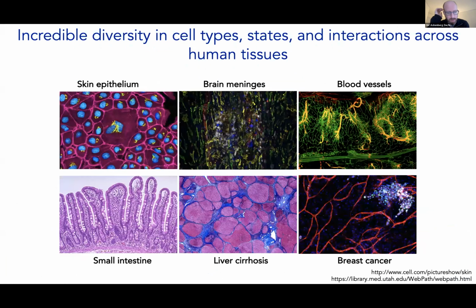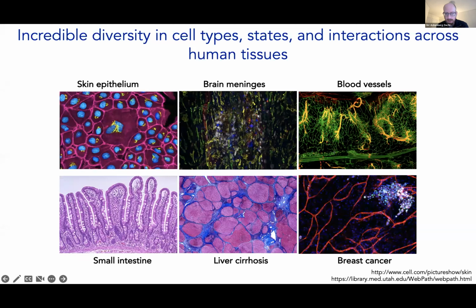Through this workshop and through your prior knowledge, you know that there's just this really huge diversity in cell types, states, and interactions across human tissues. Here's an example of that, where we have microscopy images of the skin, the brain, the blood, and the small intestine.